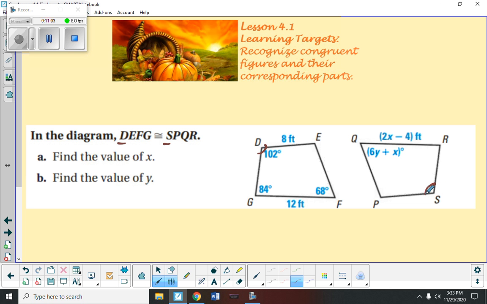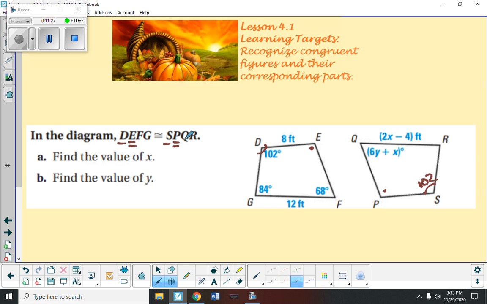So if this angle D is 102, I know that S is 102. So fill in everything you know. And angle E and angle P are congruent because they're second. Angle E is this one, and angle P is this one. I don't know anything about those two angles, so we just won't write anything.